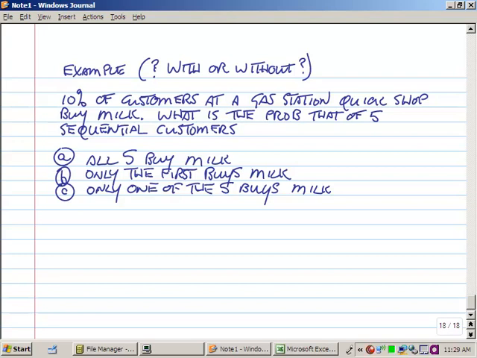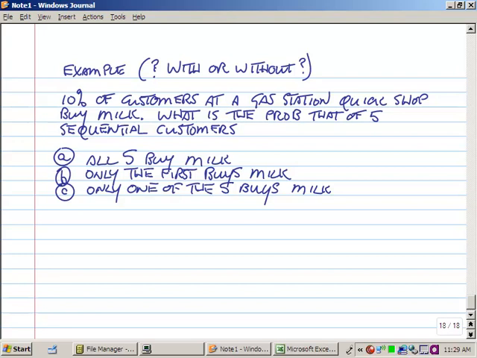Because with replacement, even though we have 10% of the customers buying milk, of 5 of them we could have all 5 buy milk. Alright? So that's the type of example this is. This is with replacement, since we don't know the number of customers that came in that day, and we don't know that, say, 5 out of the 50 bought milk.